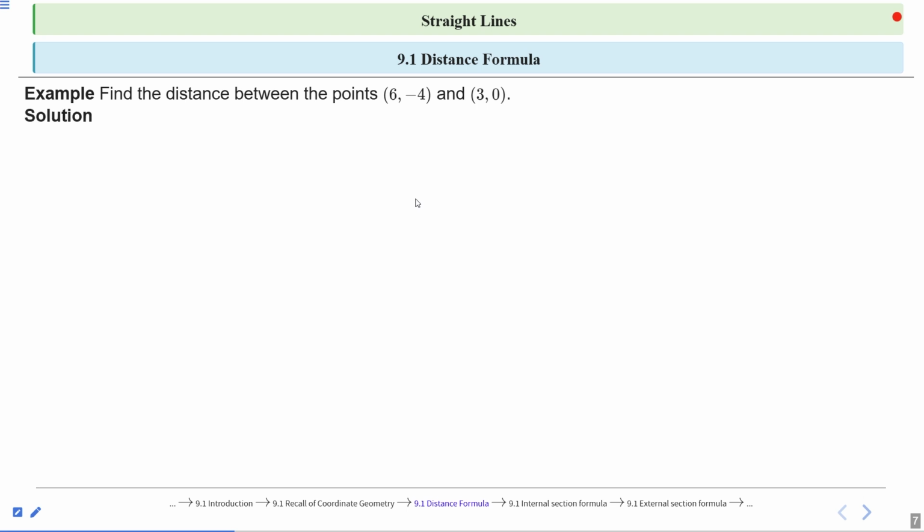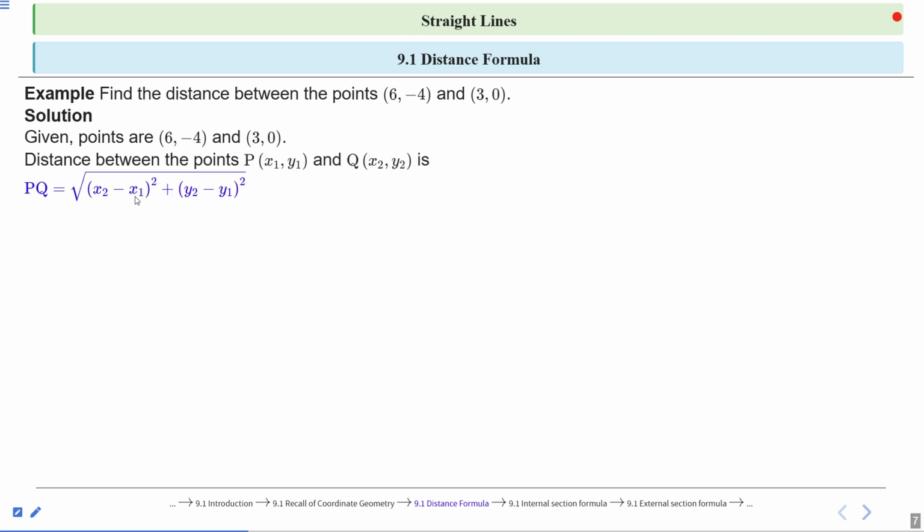So let us see the solution, how to find the distance between the points 6 comma minus 4 and 3 comma 0. The given points are 6 comma minus 4 and 3 comma 0.